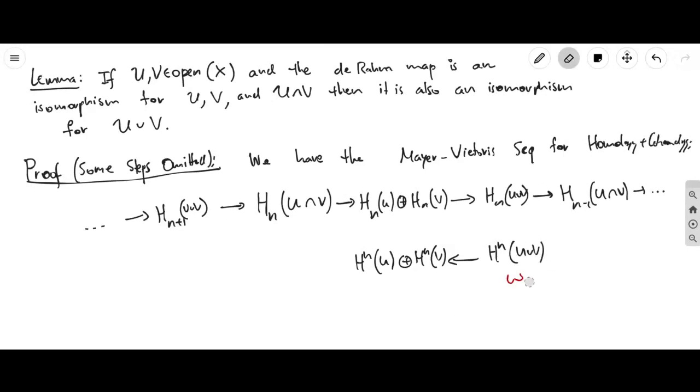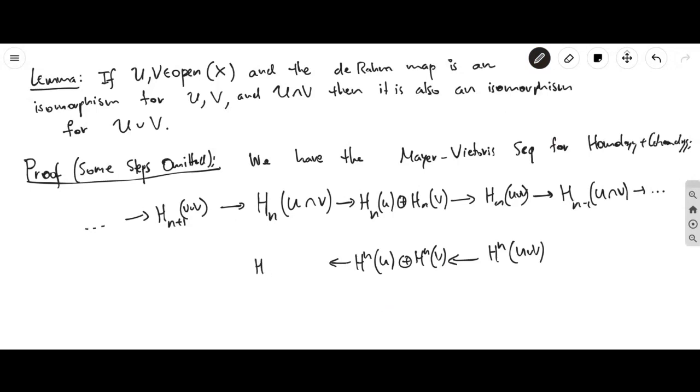The idea is if you take a form defined here, then you can restrict. You can do omega restricted to U, omega restricted to V, and then you get forms on that direct sum. But yeah, you go like this, and then you can restrict again to the intersection and subtract.